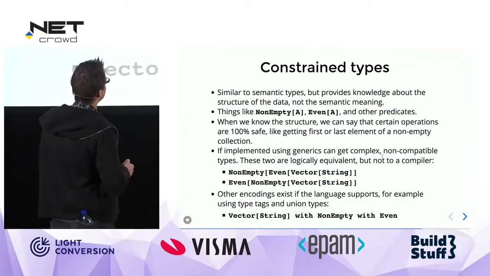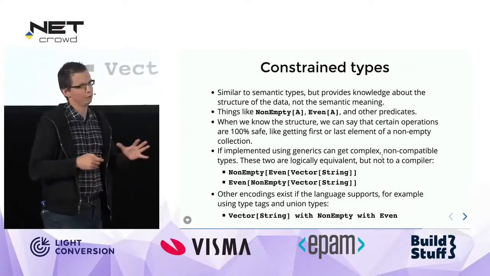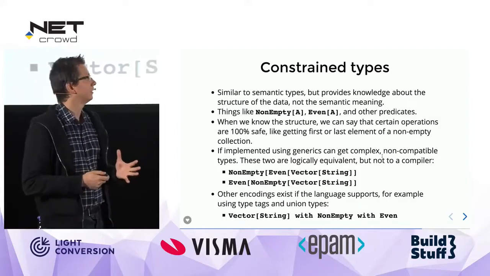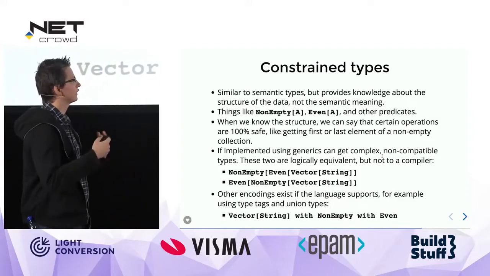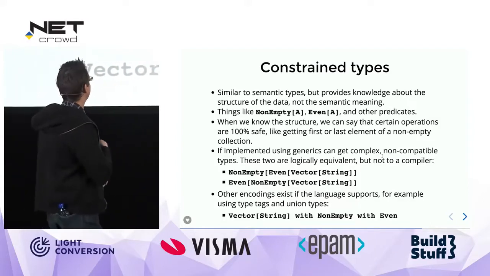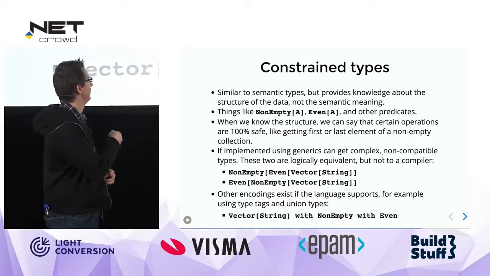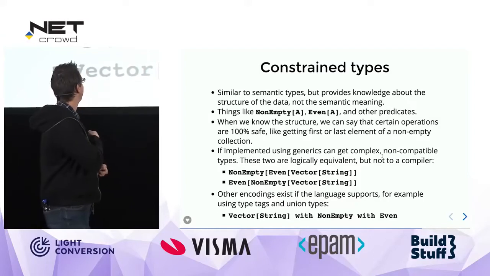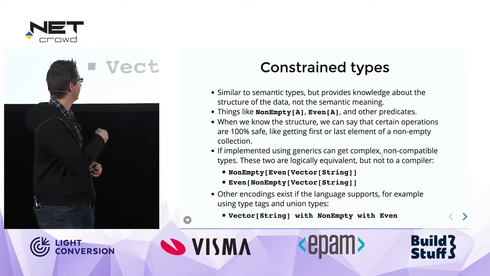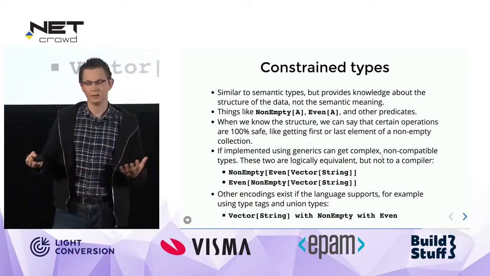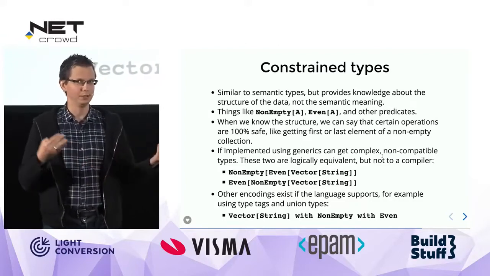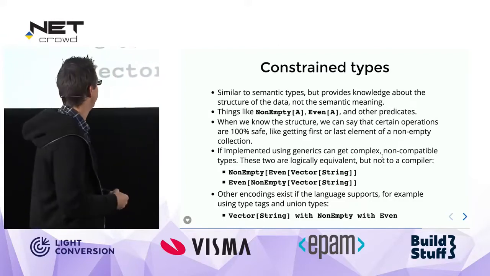So you can define a different API for things that are non-empty. It's problematic because if you implement it using generics, the types can get complex and non-compatible. So for example, if you have a non-empty vector that has an even number of elements, and then you change the order of these things, suddenly the types for the compiler are different. So that's bad.